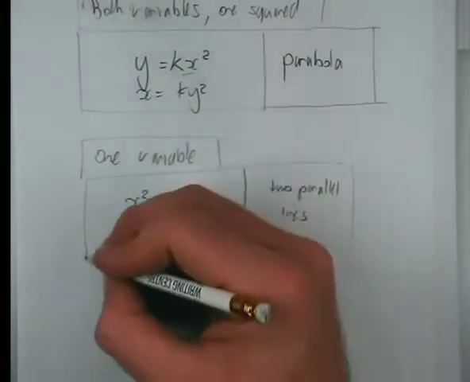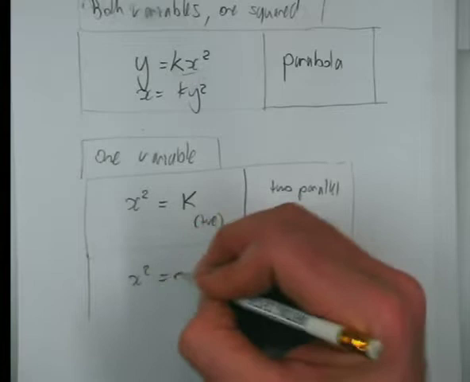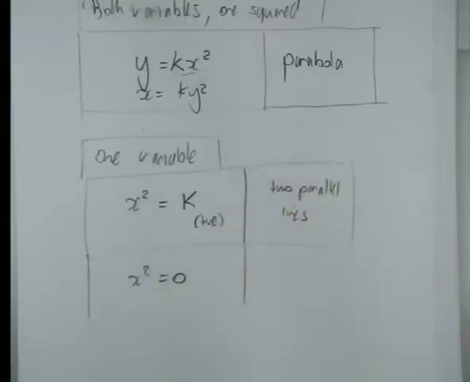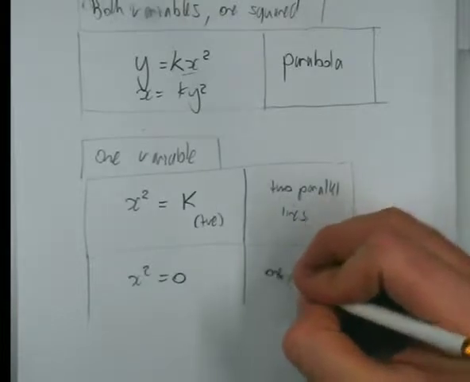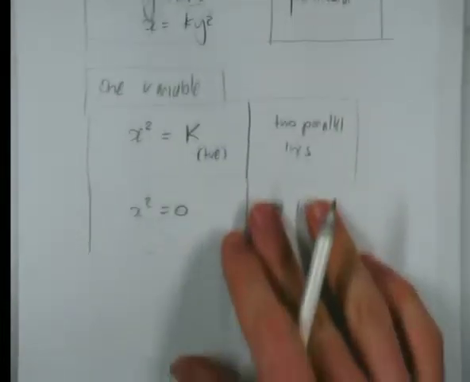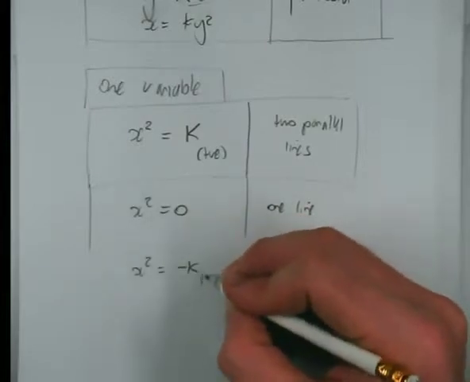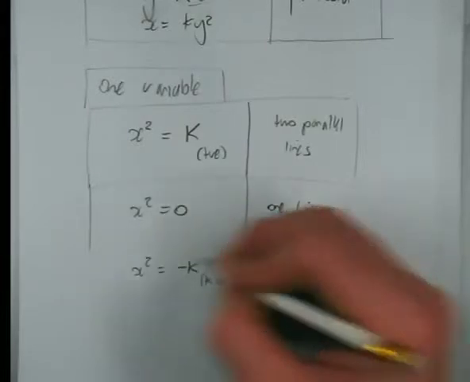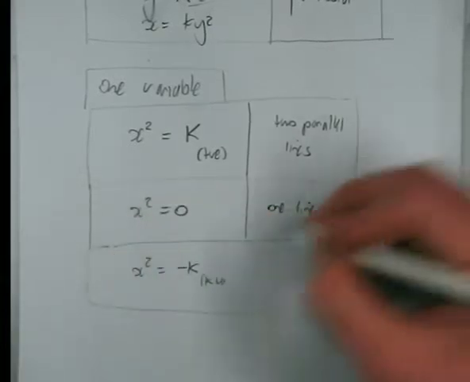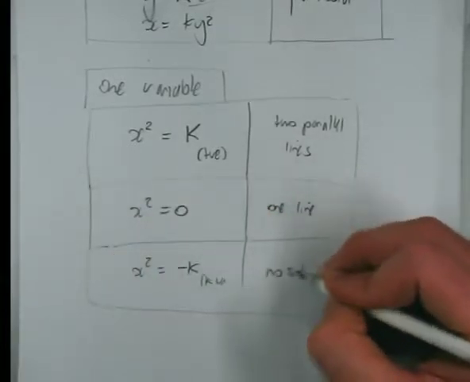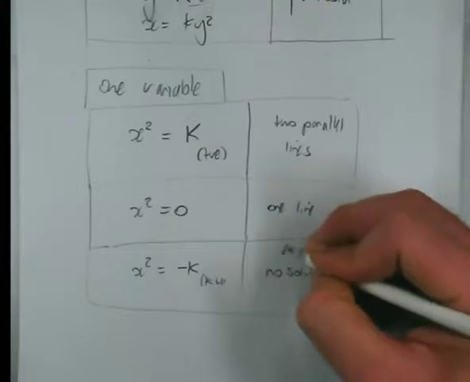Or you'll get x squared is 0, in which case that's just the y-axis because it's x equals 0, so you'll get one line. Or if you're really unlucky, you'll get x squared is like minus k, where k is positive, in which case there's no solutions. So it's empty.